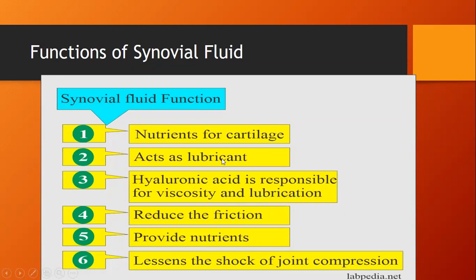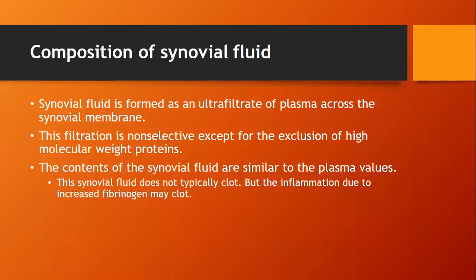So by acting as a lubricant, it serves to reduce the friction in between articulating joints and also lessens the shock of joint compression. Your synovial fluid is an ultrafiltrate of plasma across the synovial membrane. That's why its content is more or less the same as that of the plasma.